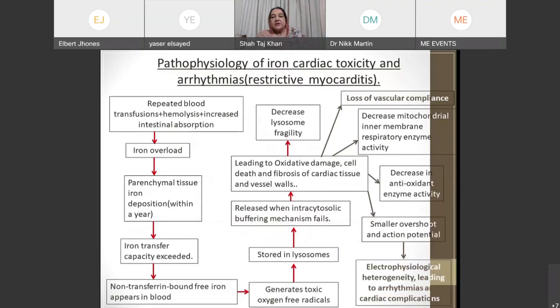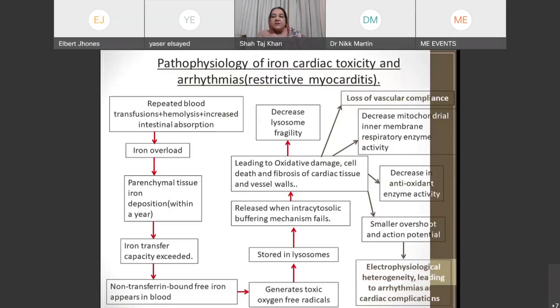These free radicals are stored in the lysosomes and released when intracytosolic buffering mechanism fails, leading to oxidative damage, cell death, and fibrosis of cardiac tissues and vessel walls. This decreases lysosomal fragility as well.